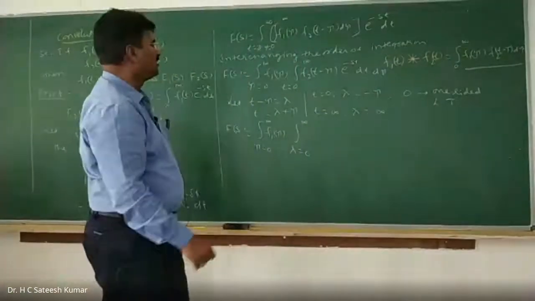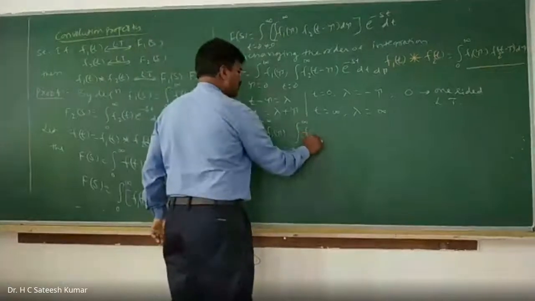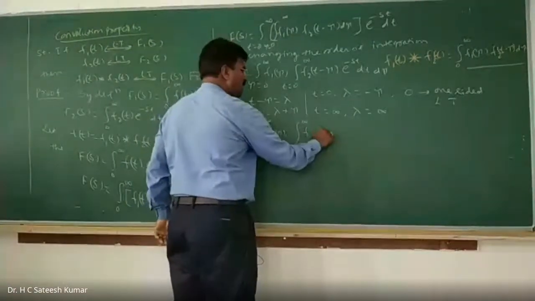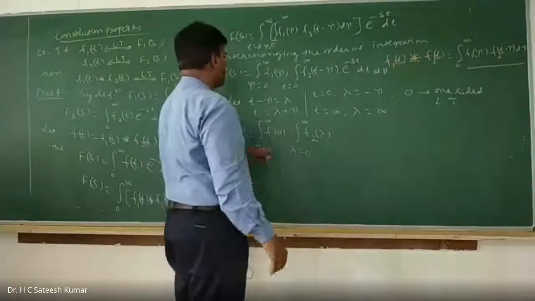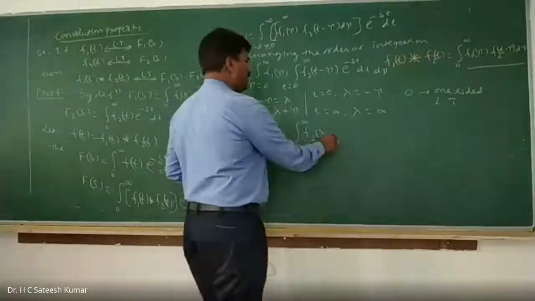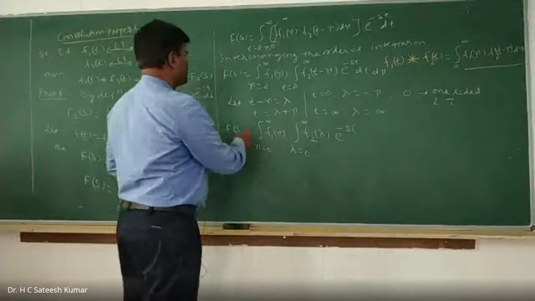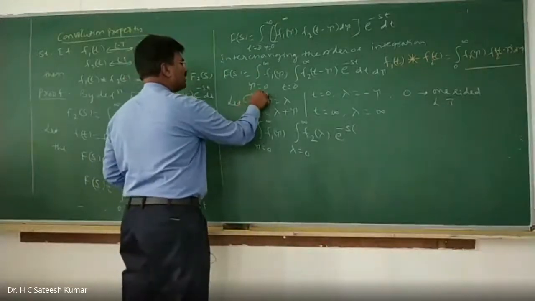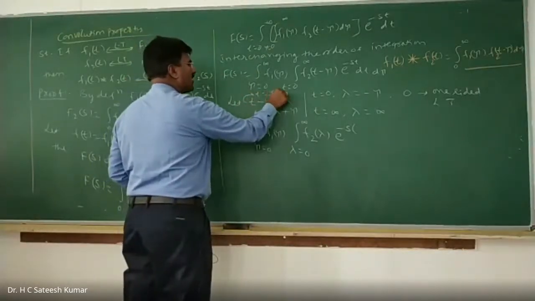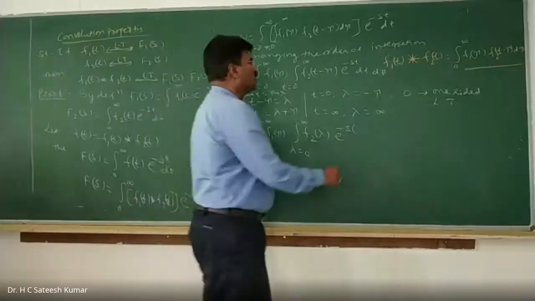And f2 of lambda, t minus tau is nothing but lambda, into e to the power of minus s into t. From this, what is t? t is equal to tau plus lambda, so you will get e to the power of minus s into tau plus lambda.